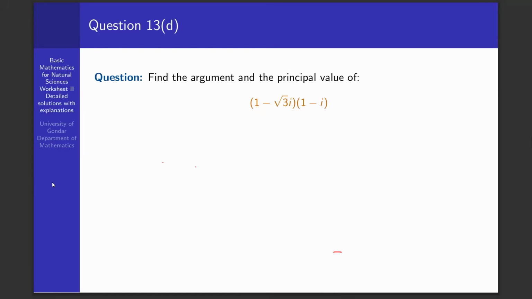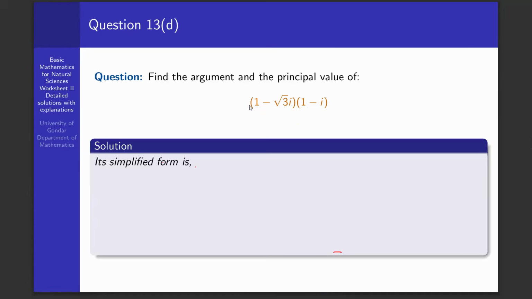Next is the same question, finding the argument and principal value again. Again, we have to simplify first. The simplified form could be this one, that is 1 minus radical 3 i times 1 minus i could be this one, that is 1 minus radical 3 minus 1 plus radical 3 i. That is, this is the real part, and this one is the imaginary part of the simplified form of this expression.